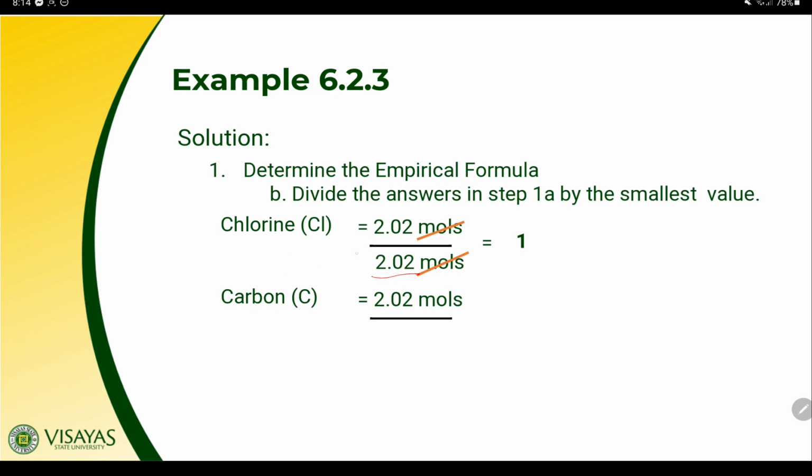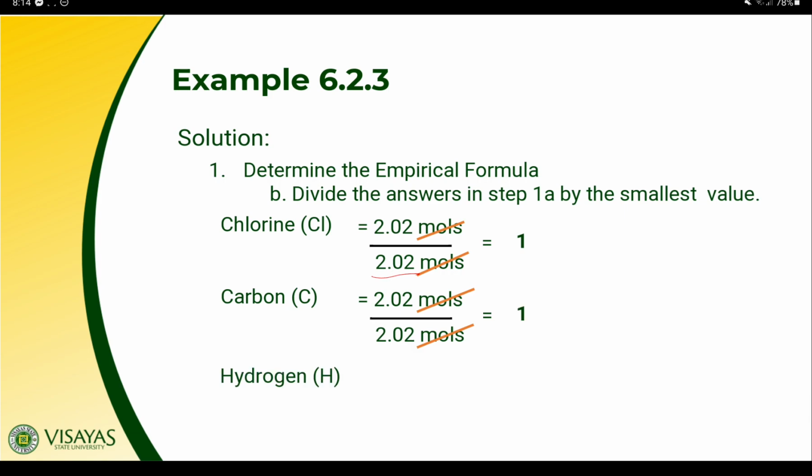For chlorine, the mole we computed is 2.02 divided by 2.02, we get 1. For carbon, the mole we computed is 2.02 divided by the smallest value, 2.02, so we get 1.